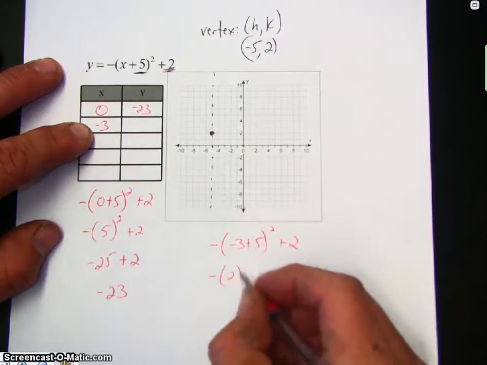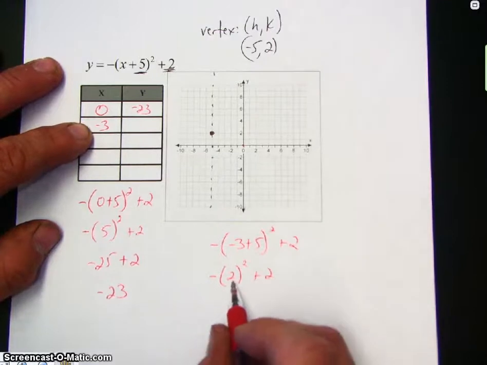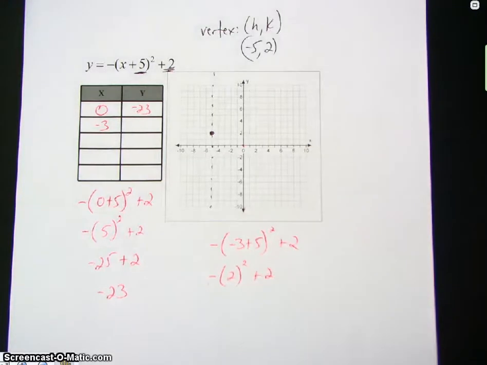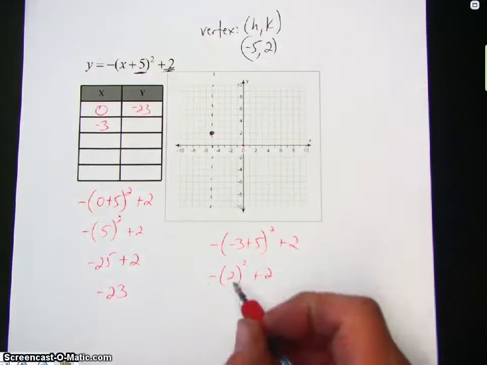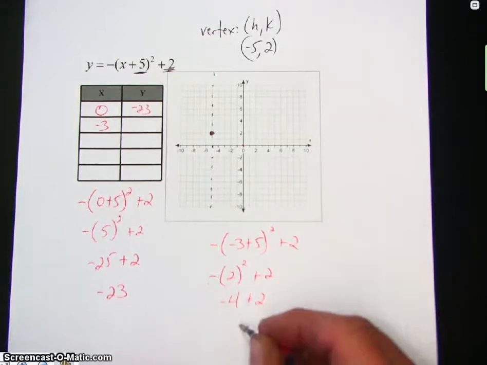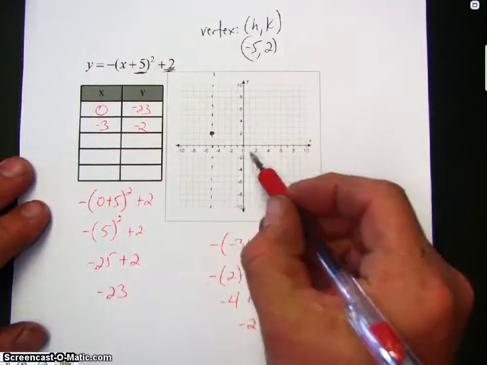So that becomes -4 plus 2. Remember, the negative's on the outside of the parentheses. That always stays negative. So that gives me -2. Alright, so -3, -2.